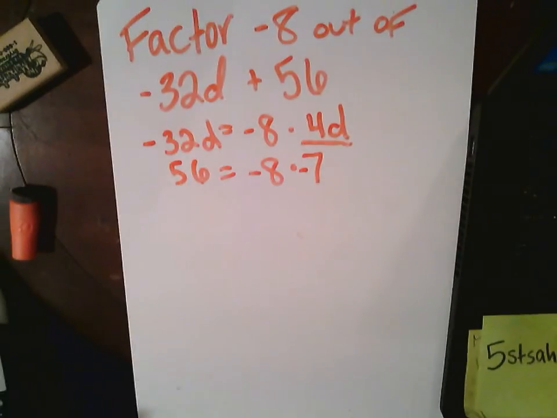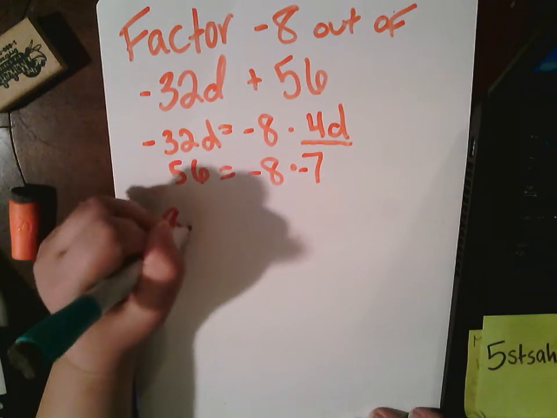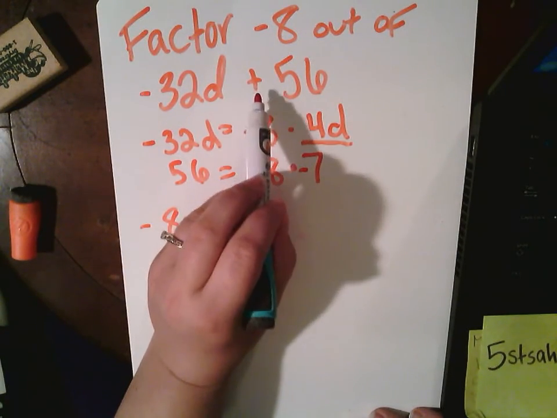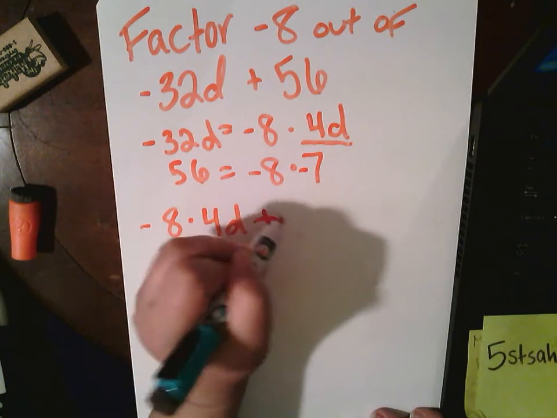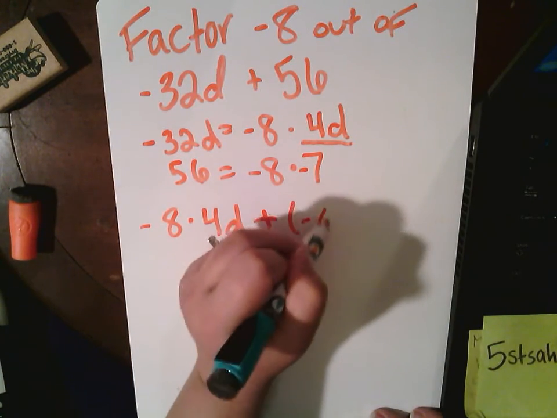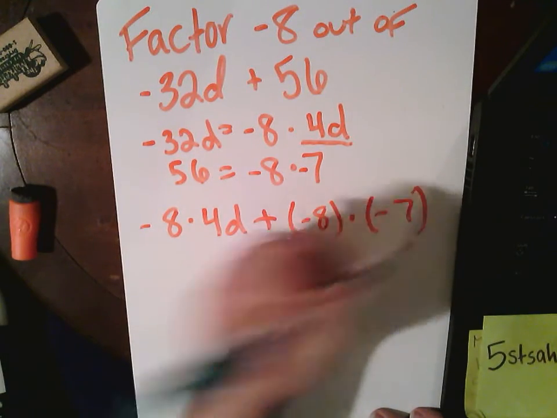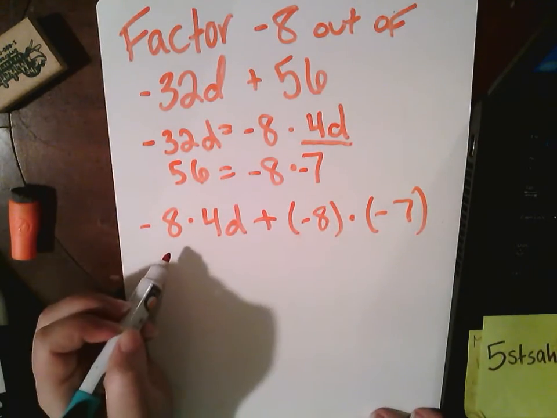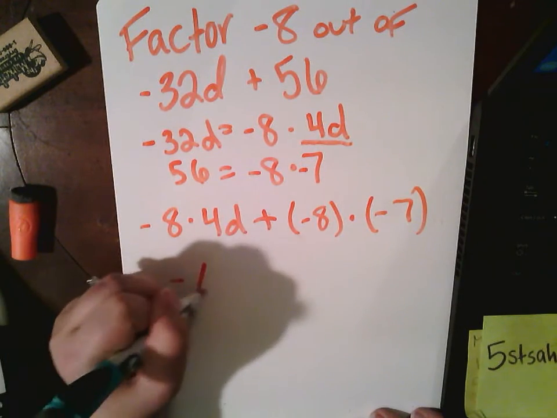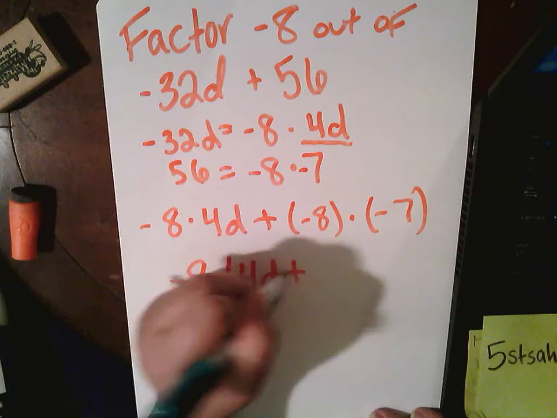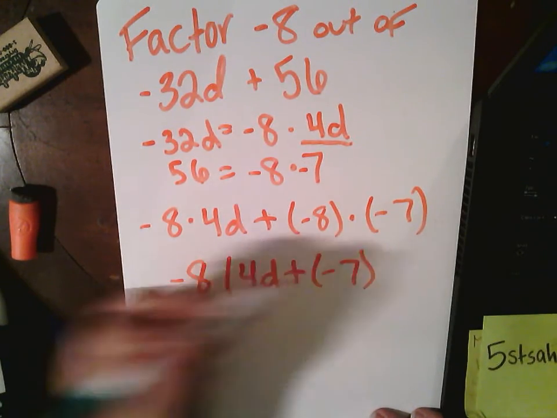Right? So now we can write it as negative 8 times 4d. And we were adding up here, so we'll add down here. So it's plus a negative 8 times that negative 7. And now we're going to pull our negative 8s out. So negative 8, and whatever's left inside, so 4d plus negative 7.